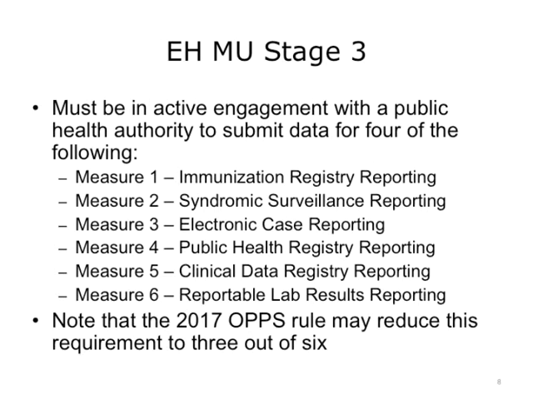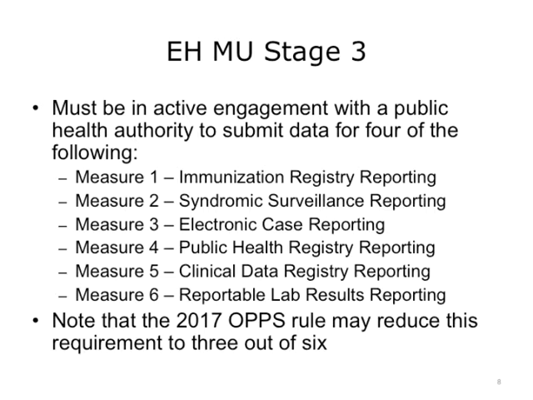The Meaningful Use Stage 3 public health objective requires that eligible hospitals be in active engagement with a public health authority to submit data for 3 of the following. Measure 1, Immunization Registry Reporting; Measure 2, Syndromic Surveillance Reporting; Measure 3, Electronic Case Reporting; Measure 4, Public Health Registry Reporting; Measure 5, Clinical Data Registry Reporting; and Measure 6, Reportable Lab Results Reporting.